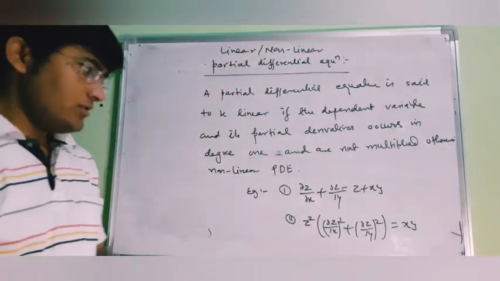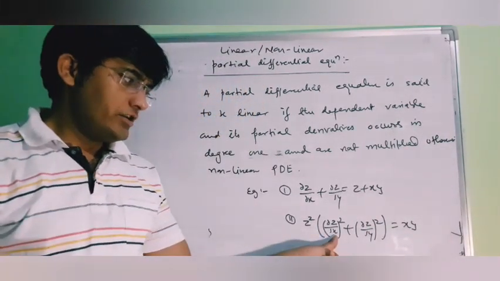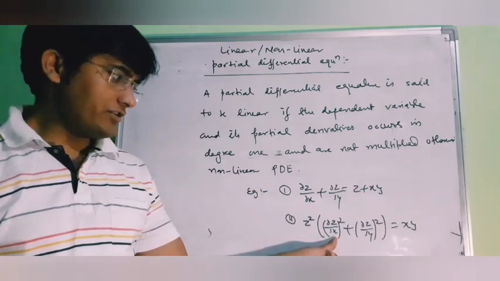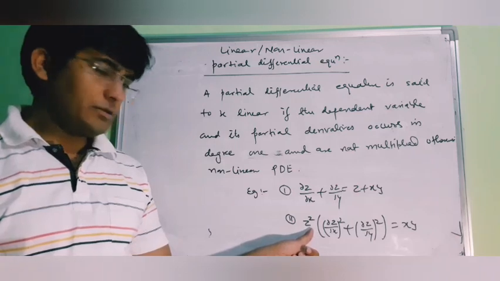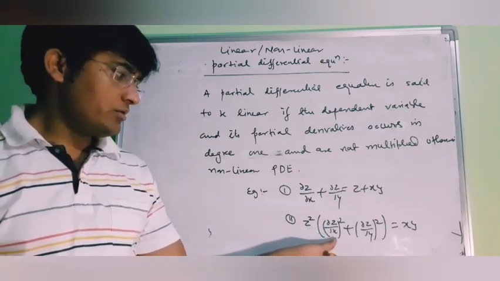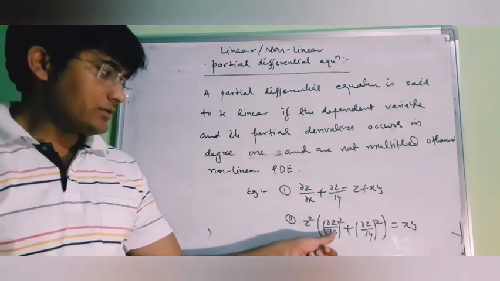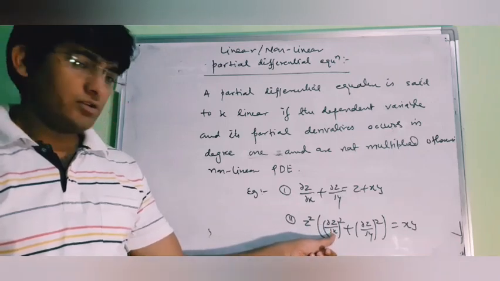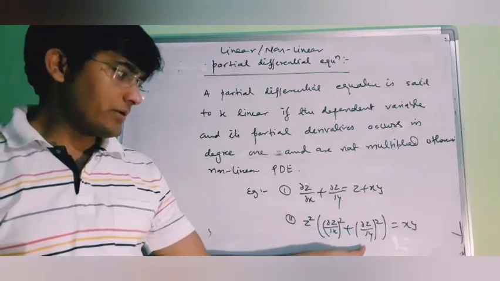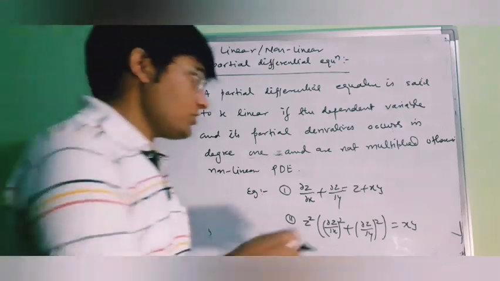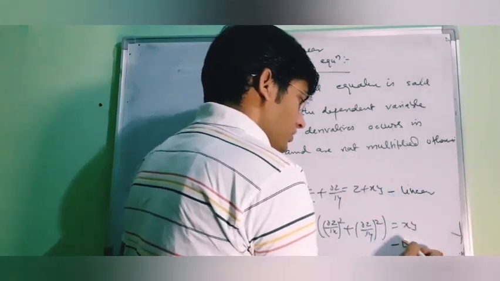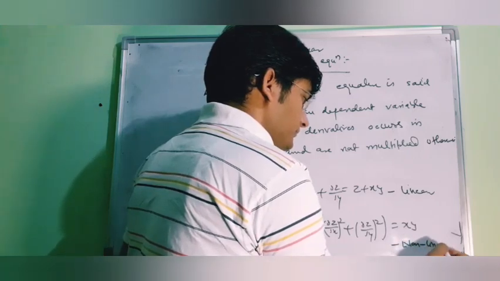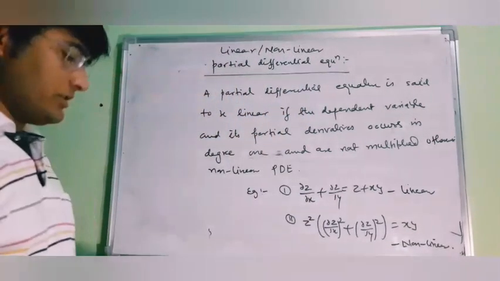Now here you can see that the partial derivative has degree 2 and the dependent variable is in multiplication with del z upon del x and del z upon del y. So here the first equation is linear and the second equation is non-linear. So these are the examples.